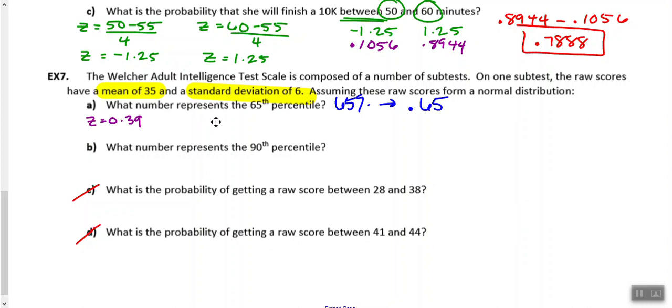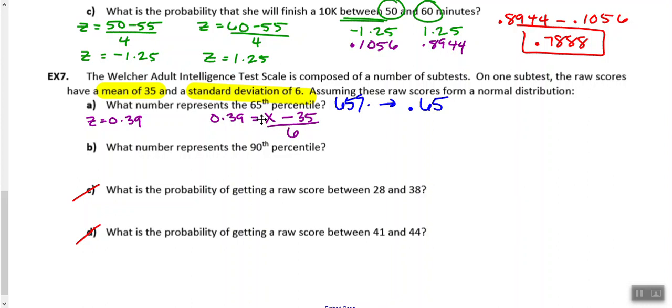So if I plug everything I know into my z-score formula, I get 0.39 is equal to x minus my mean, which is 35, divided by my standard deviation, which is 6. Now all I have to do is solve for x.